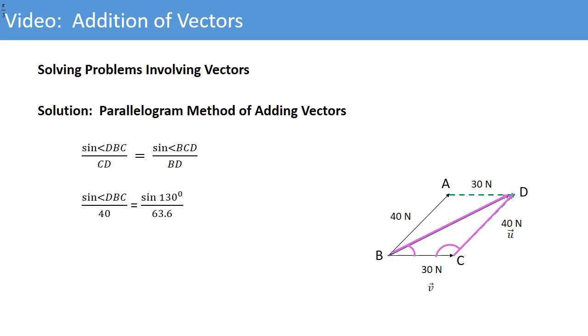So sine angle DBC divided by 40 is sine 130 degrees divided by 63.6. Cross multiply, so sine of angle DBC is 40 times sine of 130 degrees divided by 63.6, and we get the measure of 28.8.